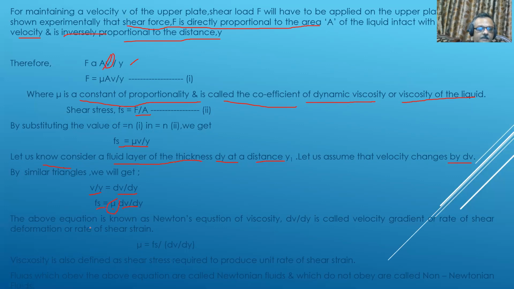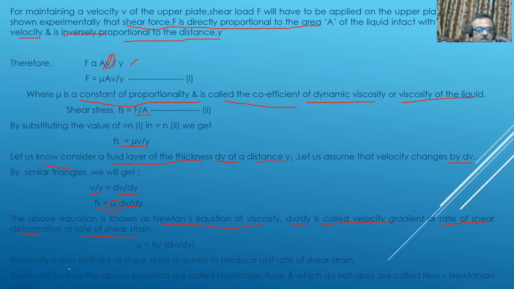The above equation is known as Newton's equation of viscosity, and dv over dy is called the velocity gradient, or the rate of shear deformation, or the rate of shear strain. Okay, students. So from here, mu comes out to be shear stress over dv over dy.